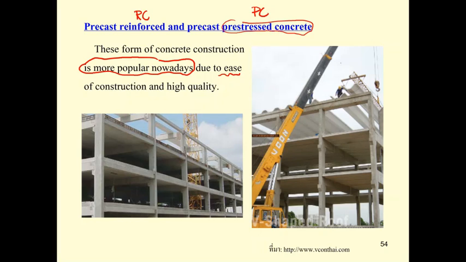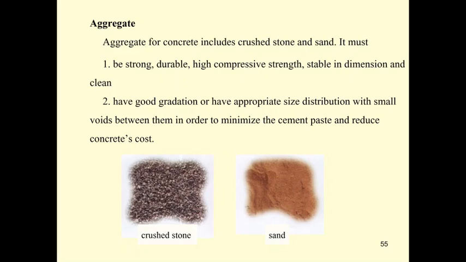So most of these parts of the structure, such as the slab, sometimes the beam, are built in the factory and shipped to the site, and you use the crane to install it. This is the roof panel. Okay, it's high quality also.